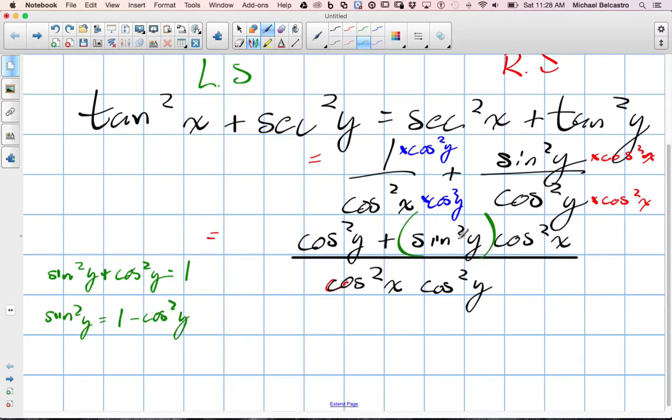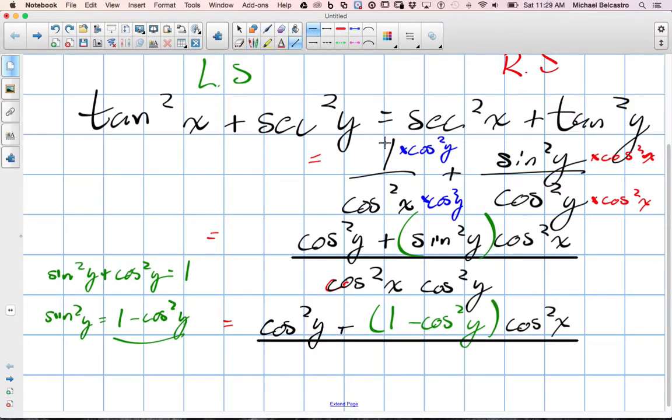We're going to replace sine squared y with 1 minus cos squared y. We're still working with the right side, so we have cos squared y plus 1 minus cos squared y multiplied by cos squared x, all of that divided by cos squared x times cos squared y.